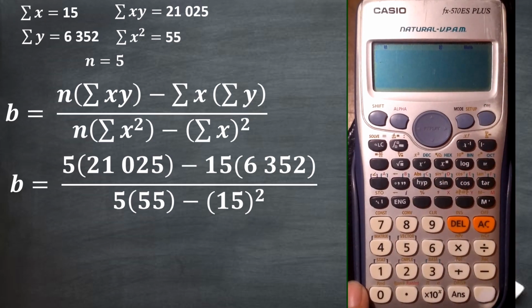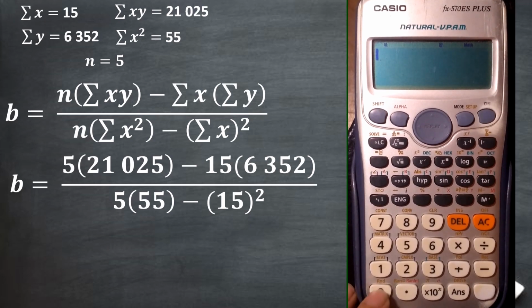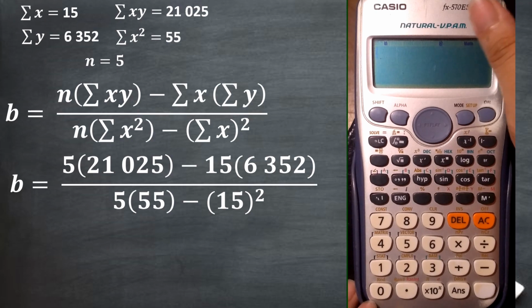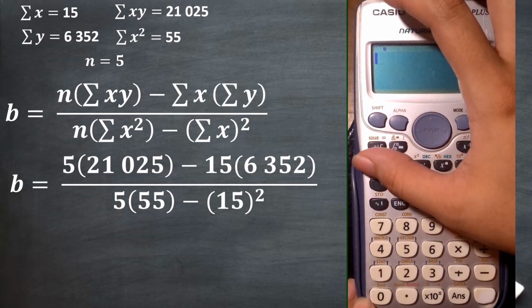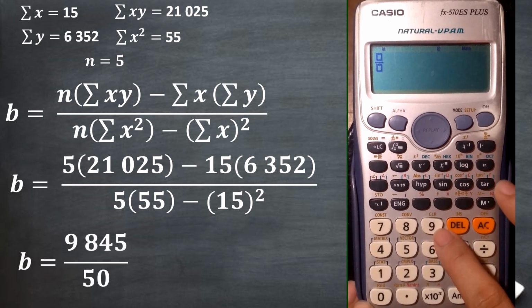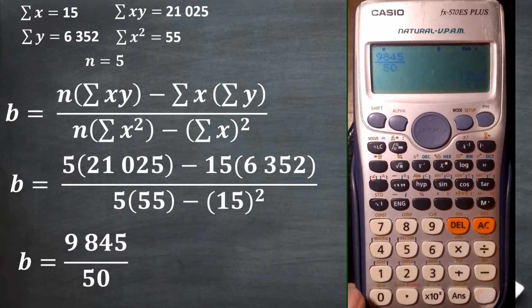It's just the same. So, instead of computing it, all you have to do is copy it from letter A, yung solution natin from letter A. And the value for the denominator is 50. So, we divide 9,845 by 50. The answer is 196.9.